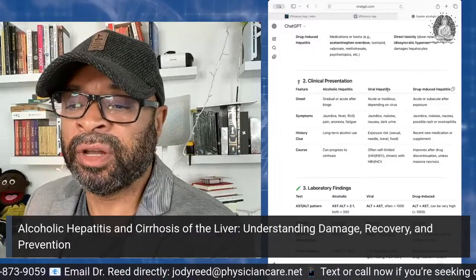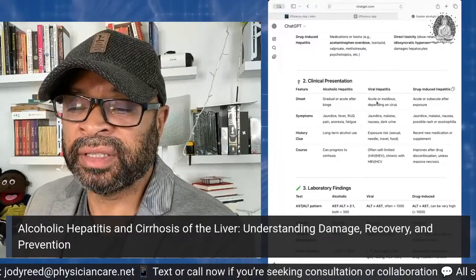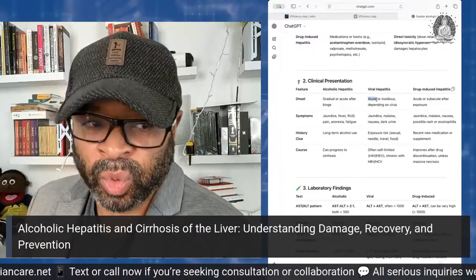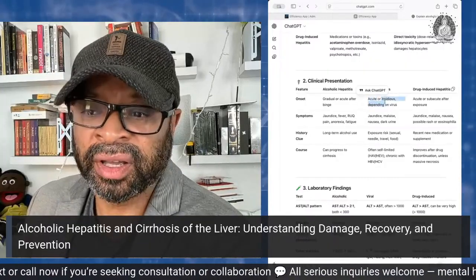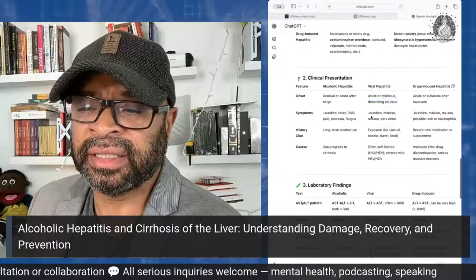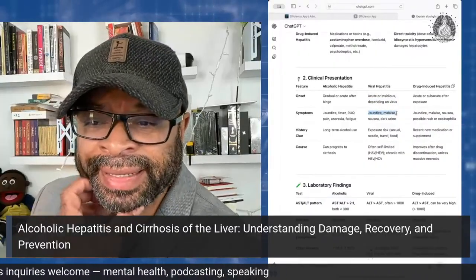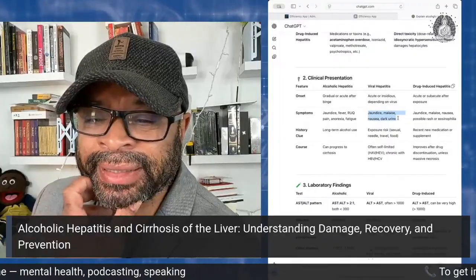Let's look at viral hepatitis. Onset is acute or insidious depending on the virus. So you can get the symptoms right after infection, or they can develop over time. Because this is infecting the liver, we're going to see jaundice, malaise, nausea, and dark urine.